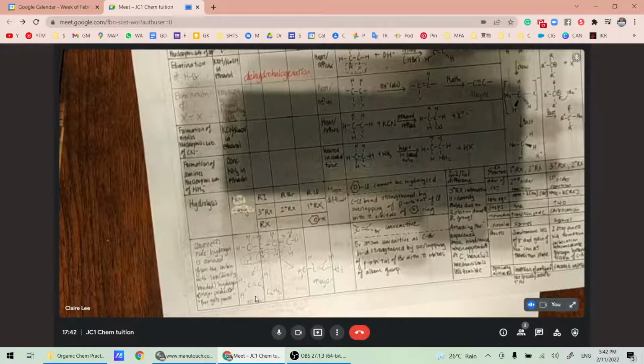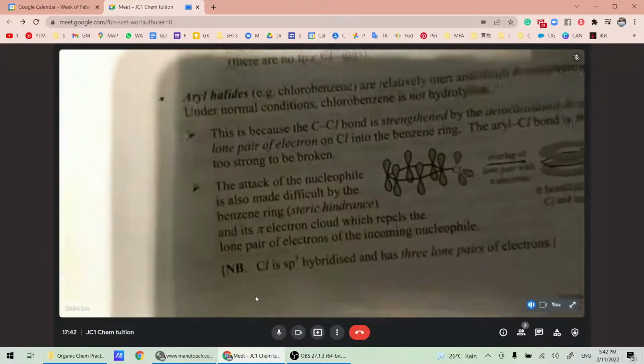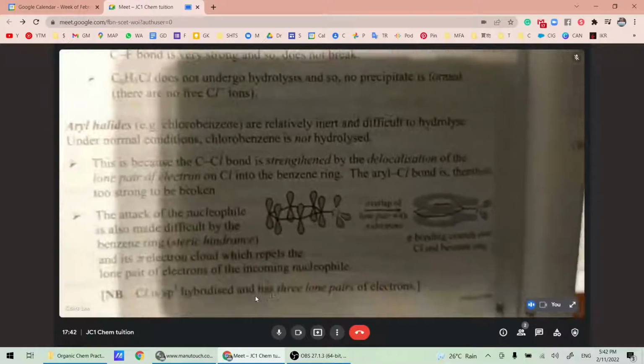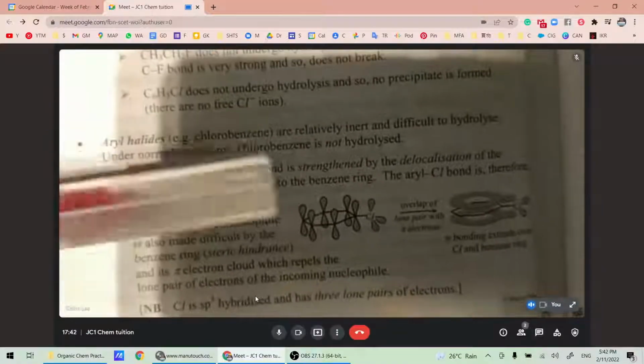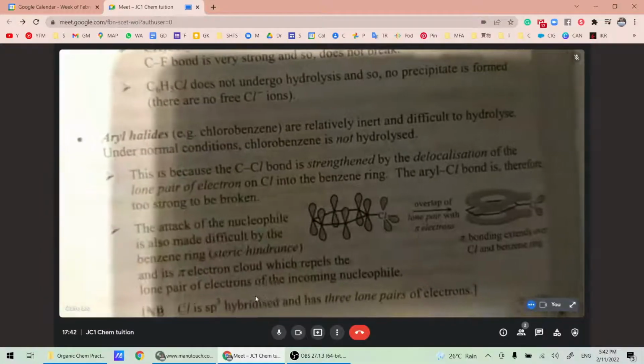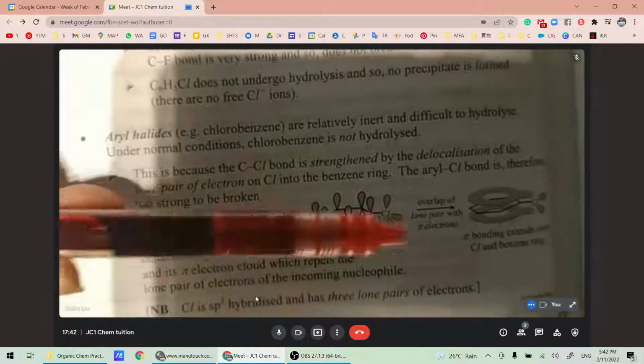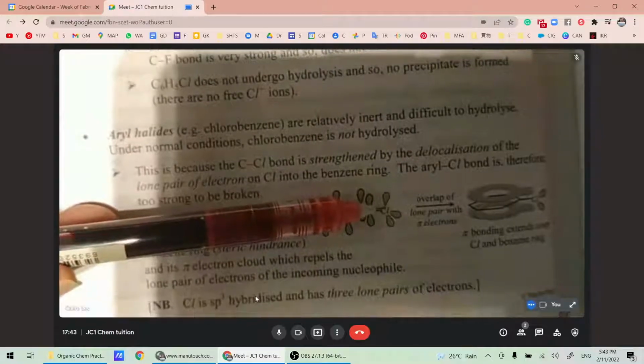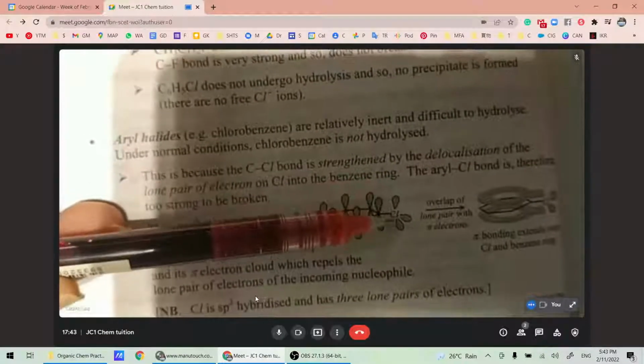This is me explaining why the C-Cl bond in chlorobenzene is impossible to break. Because the p orbitals of the chlorine overlap with the pi orbitals of the benzene ring.